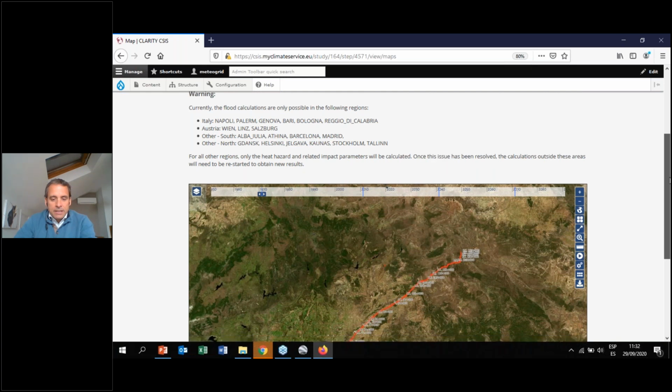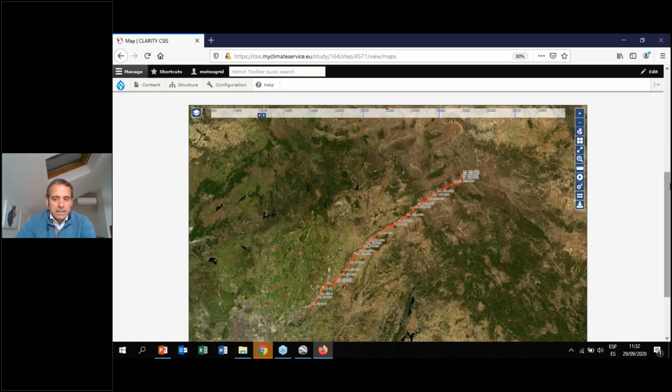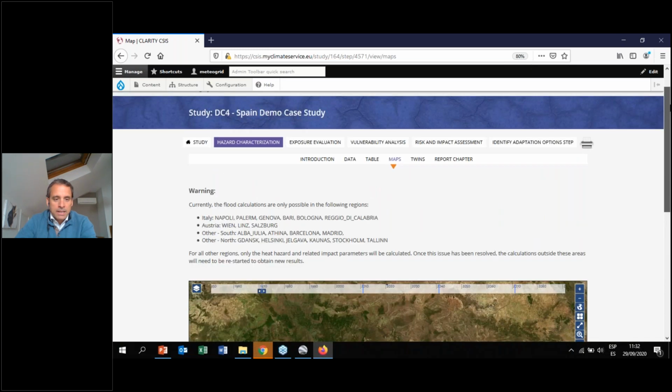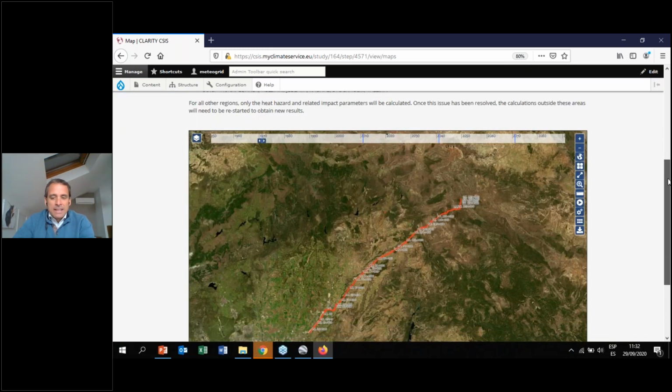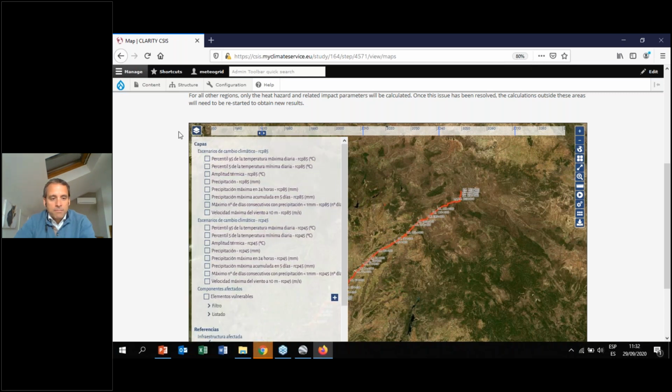So we have identified the exposure points, the possible exposure points, and then right now we're going to make the hazard characterization. So which is the hazard? The hazards are the different climate indexes that we have defined, which may be important in a transport infrastructure. So here we have them.